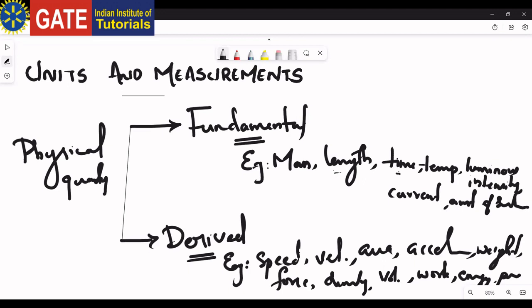Luminous intensity actually is there. It's not like it is not there, but it is not there in your quantities. When I did my 12th standard project, it was based on light dependent resistance. For that, I required a device called a lux meter, which measures the intensity of light.